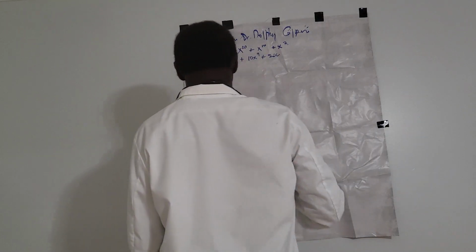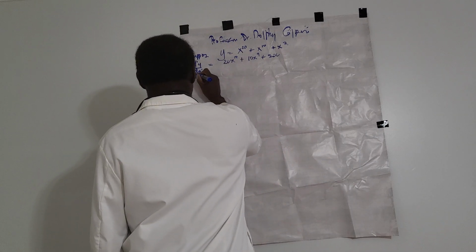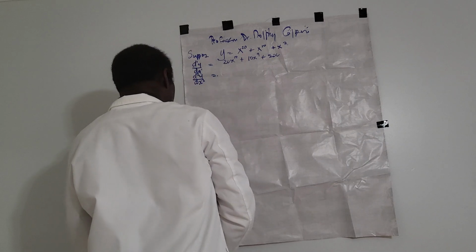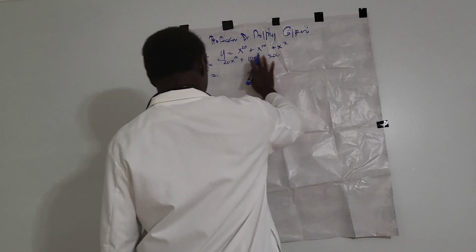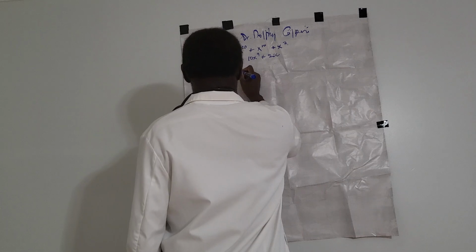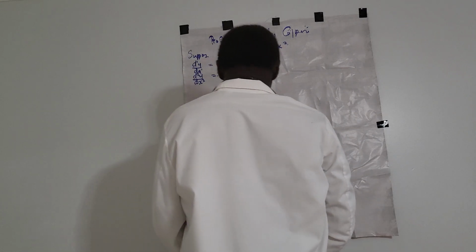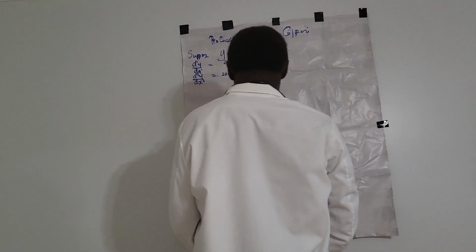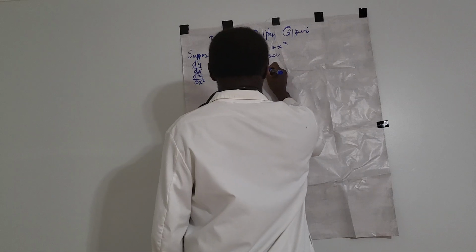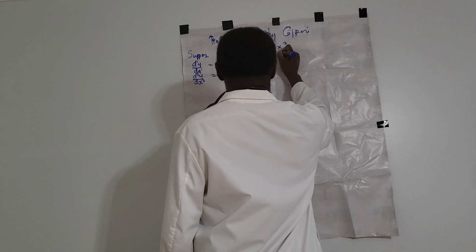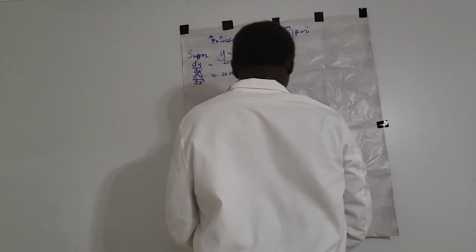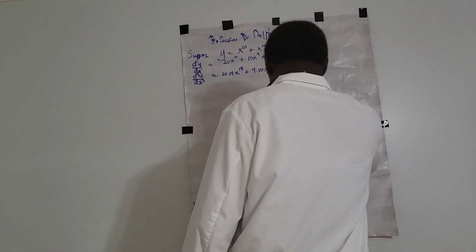Now, d squared y by dx squared will be equal to, just differentiate this term one more time, 20 times 19 times x to the 18 plus now 9 times 10 x to the 8 plus 2.